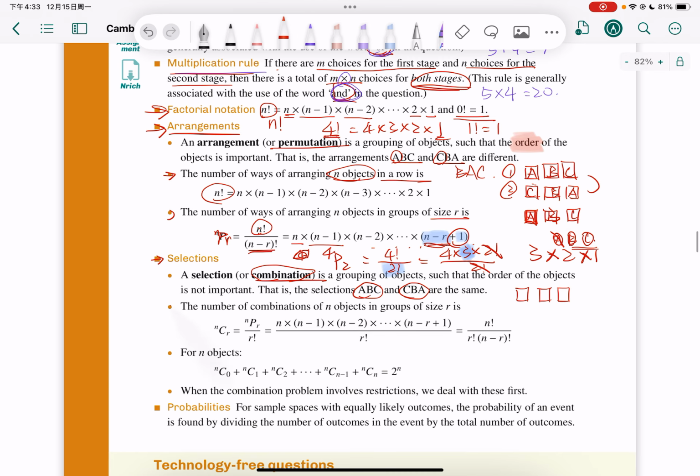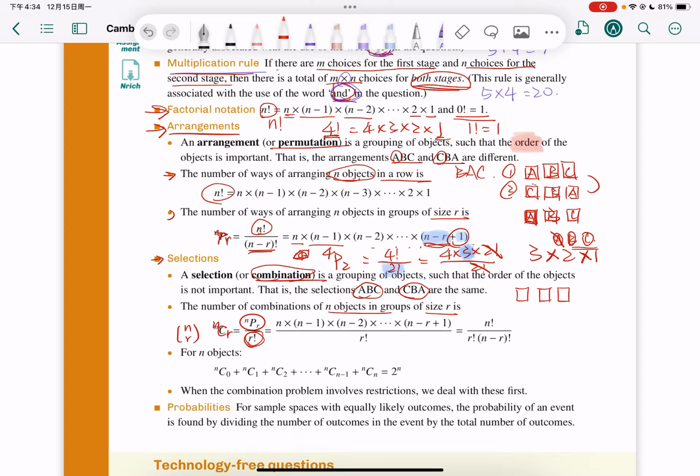The number of combinations of n objects in a group size R is written as C(n, R). Sometimes you will see another notation, which also means the same. This is equal to the permutation divided by R factorial. Why do we divide by R factorial?